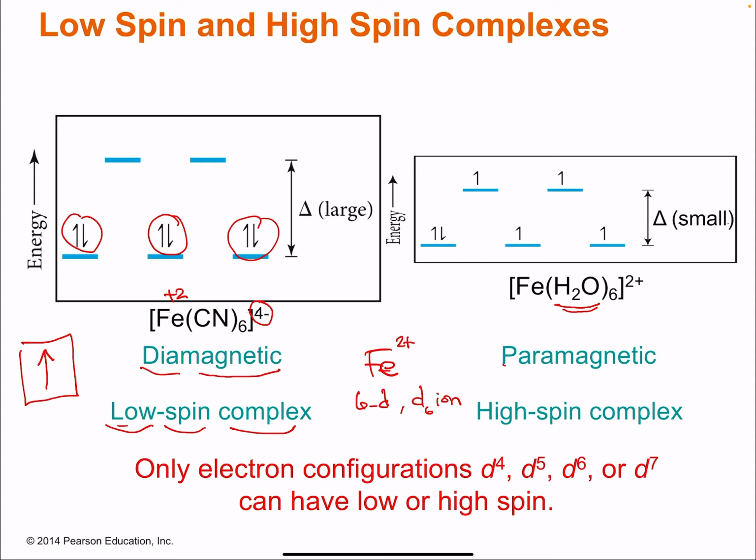On the other hand, for the paramagnetic aqua complex, you have more, like 4 singly occupied orbitals. This is called a high spin complex. So the complex on the right can be magnetized, whereas the complex on the left cannot, because all the electrons are paired up. And we talked about magnetic property last time.